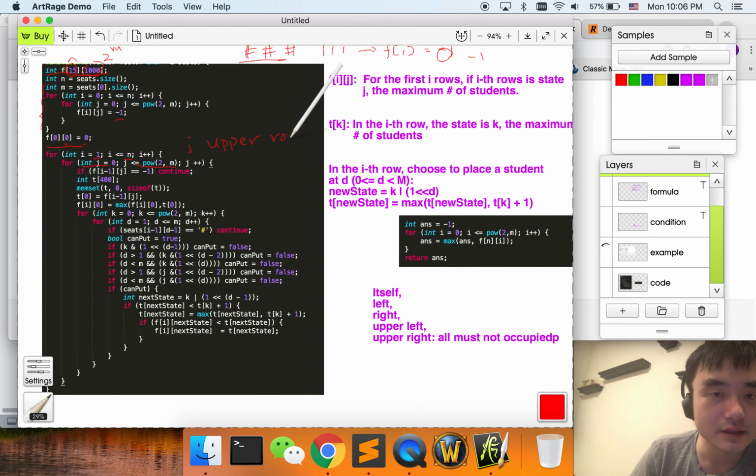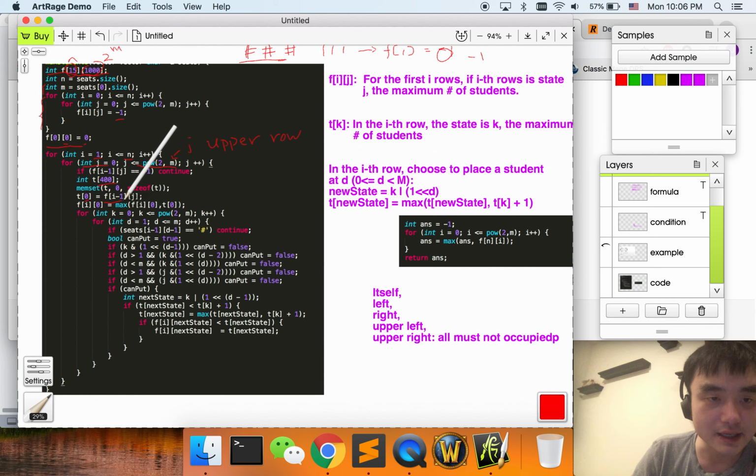Remember that. Now we initialize the array T and make them all 0 initially. For the state 0, its value is Fi minus 1 j. So why is that?